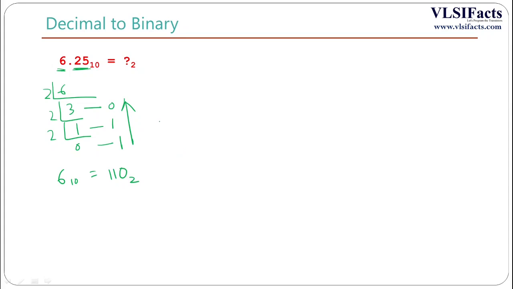Now I will consider the bits after the decimal point, which is 0.25. To find the equivalent binary number, I will keep on multiplying this number with 2 and keep on collecting the whole number before the decimal point. So if I multiply this number with 2, this will be 0.5. Now I will collect this 0. Now again multiply this number with 2. So this will be 1.0.